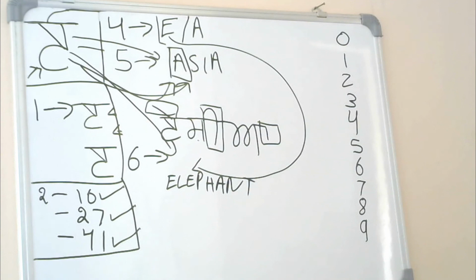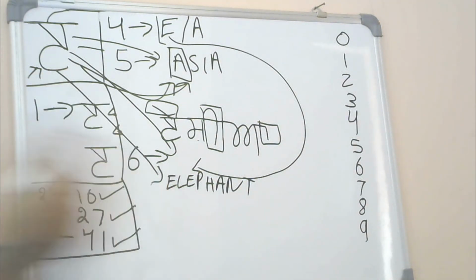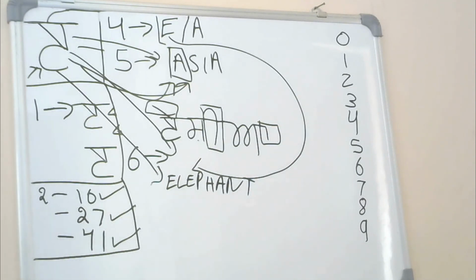Elephant. Elephant starts with an E. But if you want to write it in Punjabi, then you will not be using this letter. So it is not necessarily true that all the words starting with E or A will start with the third letter of Gurmukhi, ED.